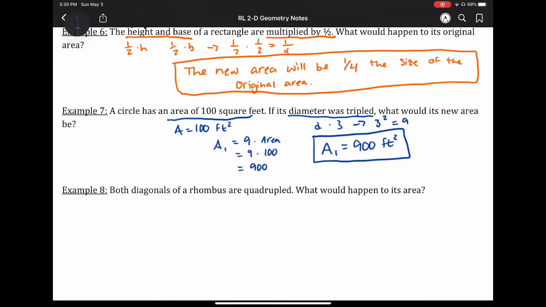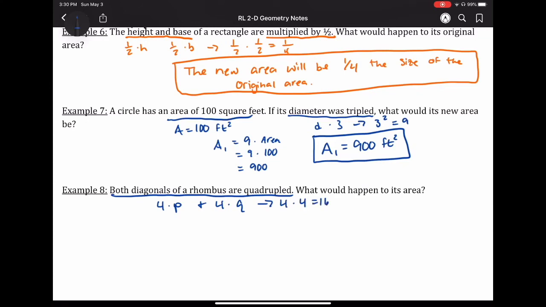Example 8 says both diagonals of a rhombus are quadrupled. What would happen to its area? So I have both times 4. So my first diagonal, we'll call it P, is 4 times diagonal P, and 4 times diagonal Q. Because we're changing both diagonals, I have to multiply the changes together. So I have 4 times 4 is equal to 16, and that is what I'm going to multiply by the area.